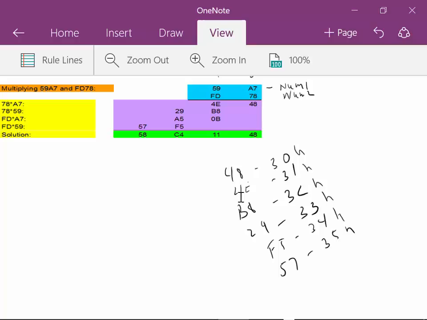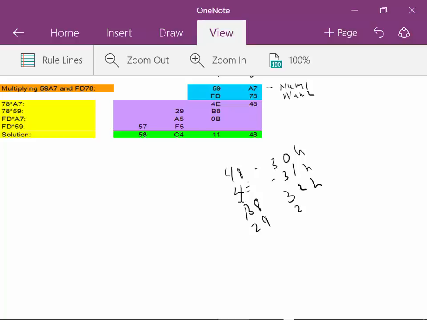Now, hold on here. I made a mistake here. I missed one. Let's start over again here. All right, the first two we got right. So this should be B8 is in location 32, right? 29 is in location 33. 0B is in location 34. A5 is in location 35.